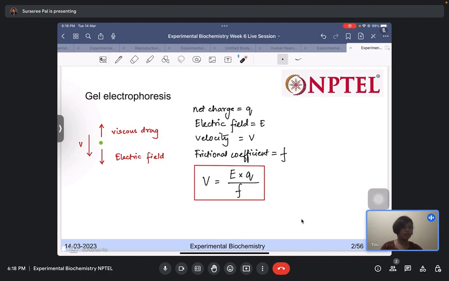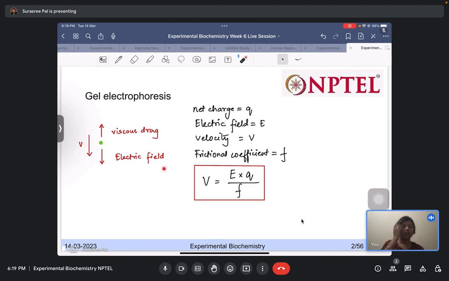So here the velocity of this charged molecule can be given by v equals E into Q by F. Which means that the velocity is dependent on the electric field, the charge, and the frictional coefficient, which is F. We know that in gel electrophoresis we are applying a constant electric field.